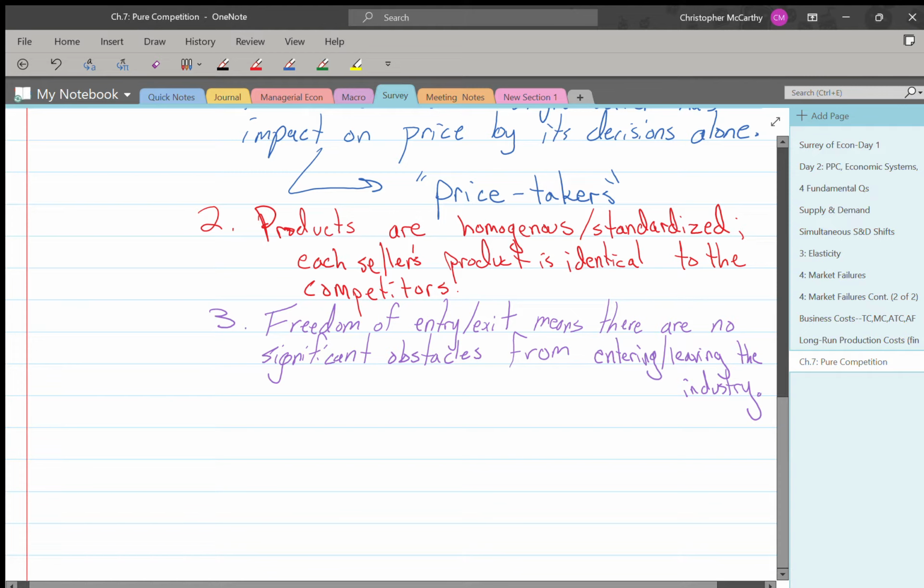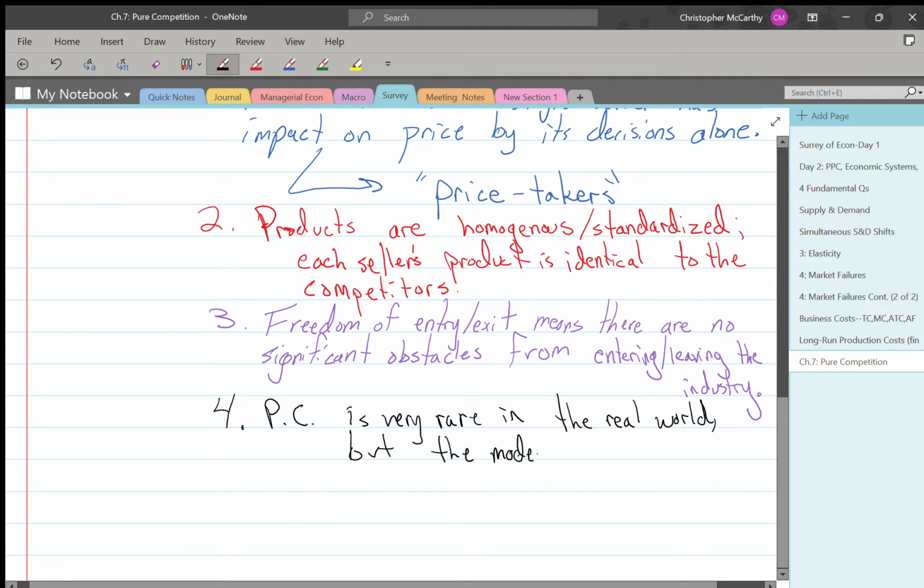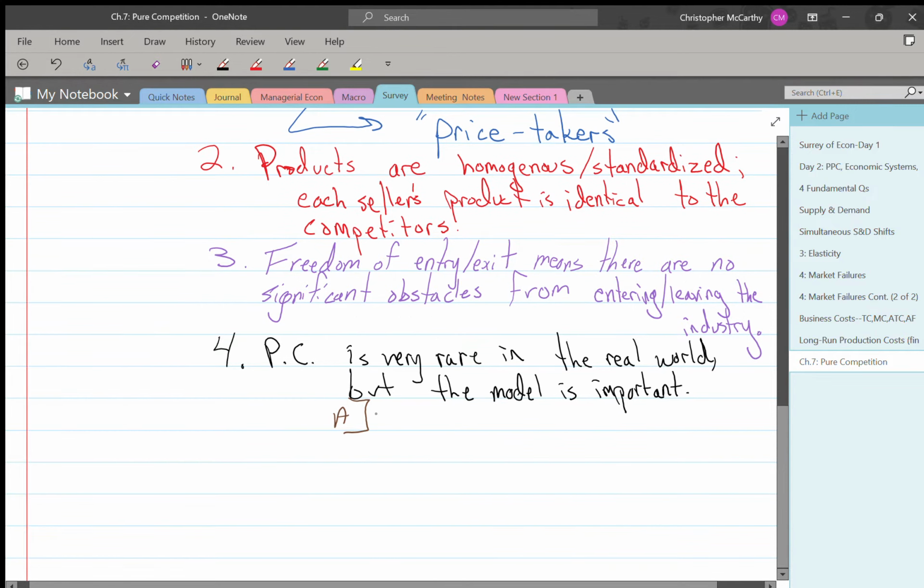So pure competition is actually very rare in the real world. But you're like, so why are we learning this? But the model is important. So why is it important? Well, the model helps analyze industries with characteristics that are similar to pure competition, like monopolistic competition, which we'll get to.